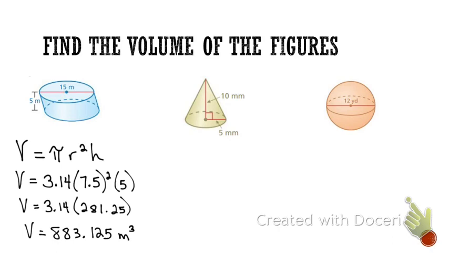Now the next one is a cone. So literally I'm just going to use a different formula. Now my formula is going to be V equals 1/3 pi r squared h. Now, pi r squared, guys, remember, is the formula for the area of a circle. That's my base, all right? So that's why it's similar to what you saw with the cylinder.